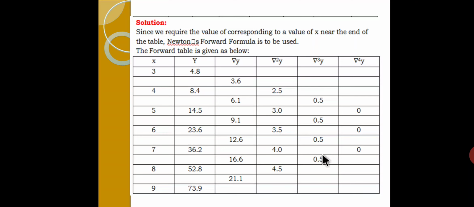For the forward formula we consider the values y0, delta y0, delta square y0, delta cube y0. For the backward difference formula we get the values like this: 73.9, 21.1, 4.5, 0.5, in the upward, backward direction.